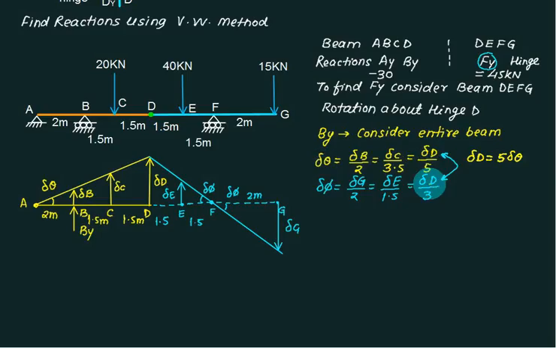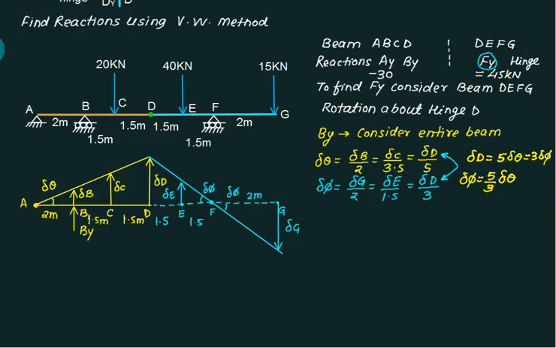And from this one, what is del D? 3 times del phi. Got it? So what is del phi? Del phi is 5 by 3 of del theta. For every problem, del theta will not be equal to del phi because they are different angles. Method is clear. How I obtain this equation is clear.